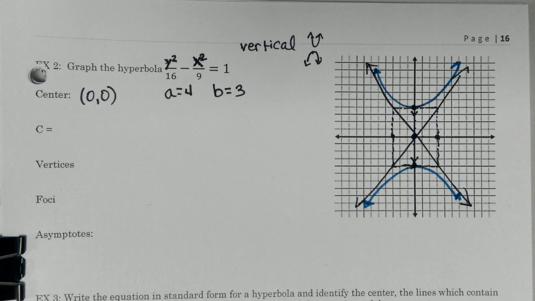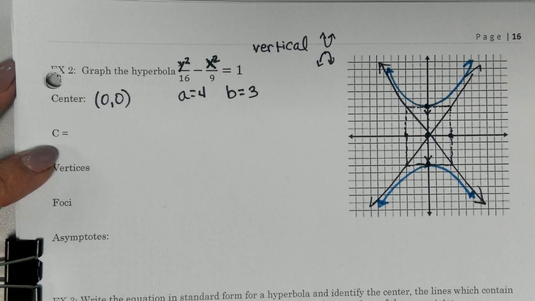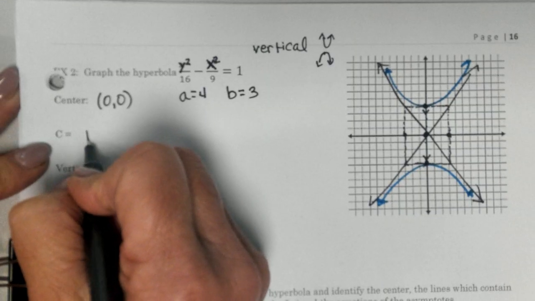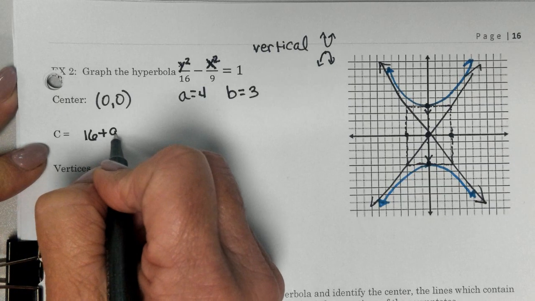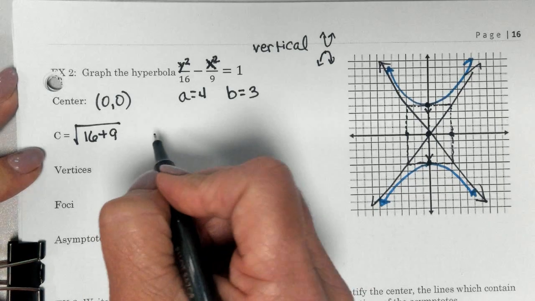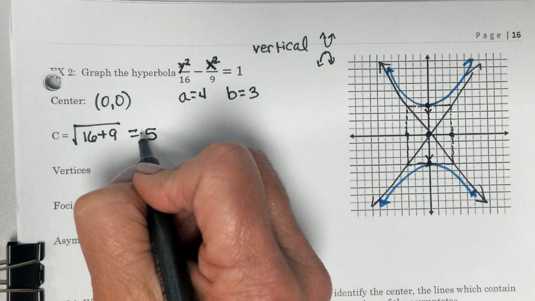The focal point, though, to get our focal point, we do have to find C. Okay, so to find C, that is A squared plus B squared, and then you have to take the square root of it. So our C value is actually going to be a positive and a negative 5.